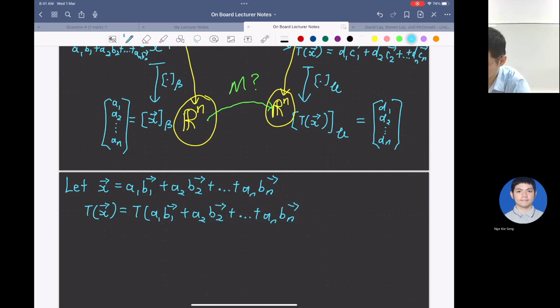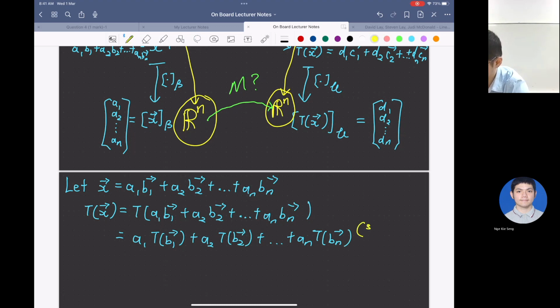Apply T on both sides. And then since T is a linear transformation, we can write a1 T(b1) up to an T(bn), and so on.